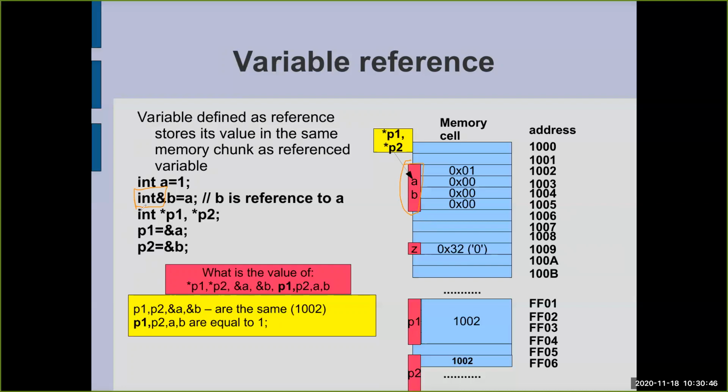Look, if I have two pointers to int and I read the address of A and the address of B, P1 points to A, P2 points to B. The question is, what is the value of P1, the reference?